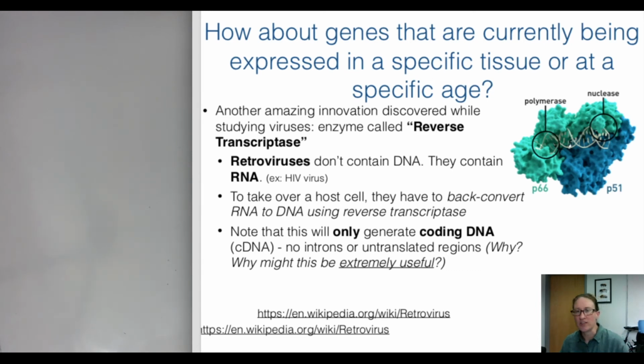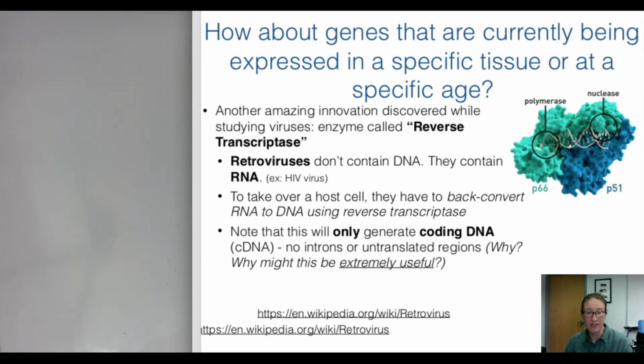One really interesting thing about this is that if you use reverse transcriptase to go back from a messenger RNA sequence to a DNA sequence, you're only going to wind up getting the coding sequence for that DNA.